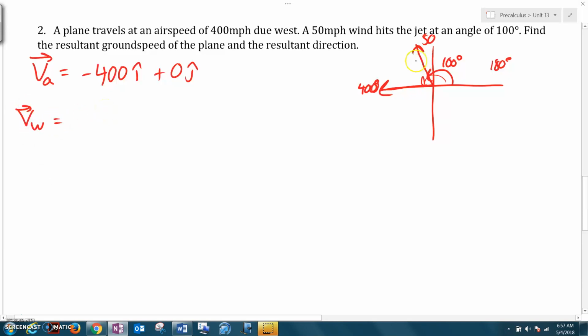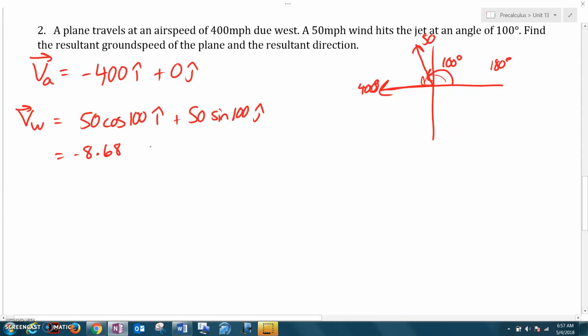The vector for the wind is 50 cosine of 100, and that'll be the i direction, plus 50 sine of 100 in the j direction. So I type those in, and I get that this vector is negative 8.68.